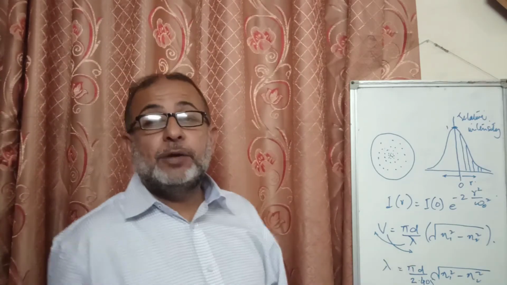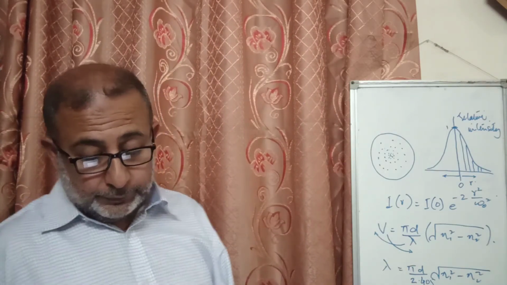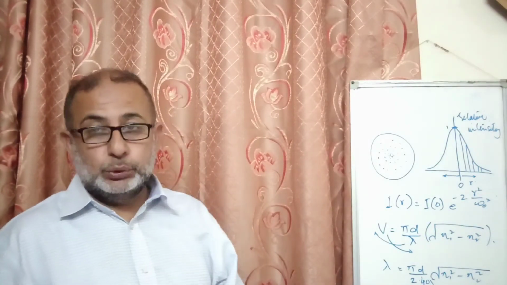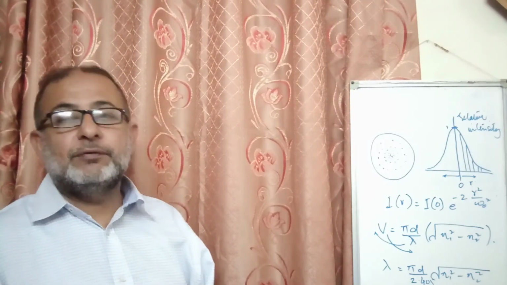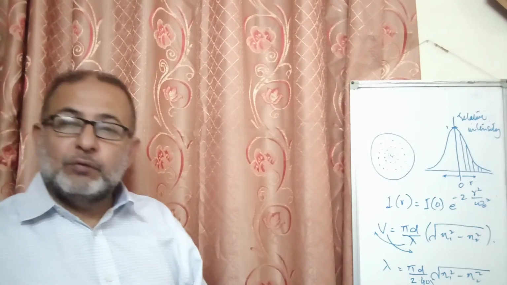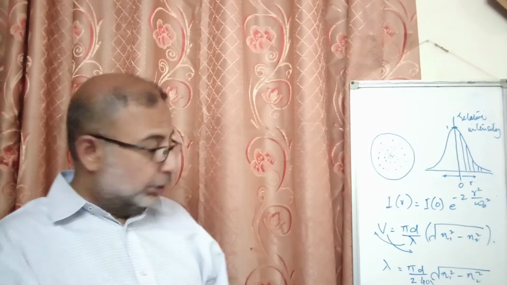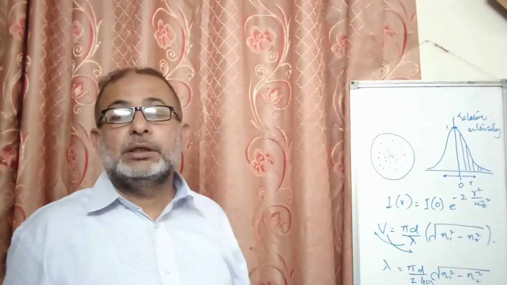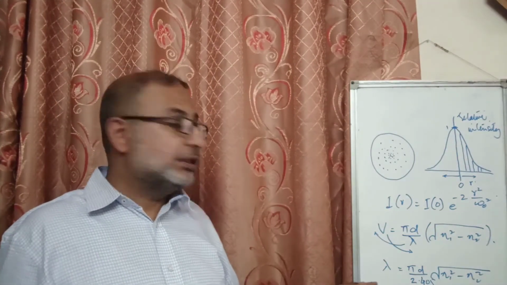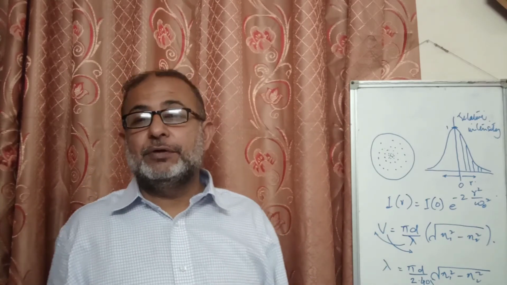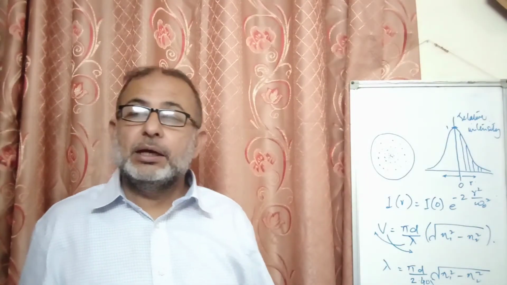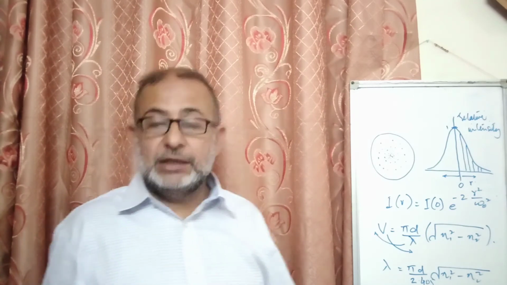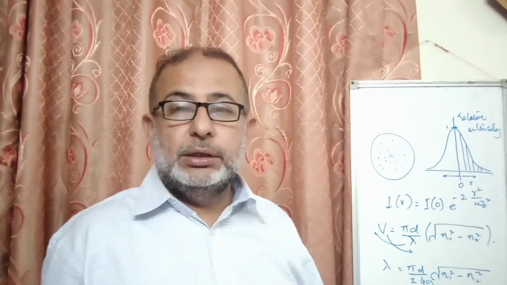Put D equal to 8.5 and put the values of N1 and N2 that we are using, for example, 1.48 for N1 and 1.46 for N2. We can have the value of the critical wavelength. If we use a wavelength shorter than that critical wavelength, there would be another mode coming along that is not wanted in a single mode fiber.